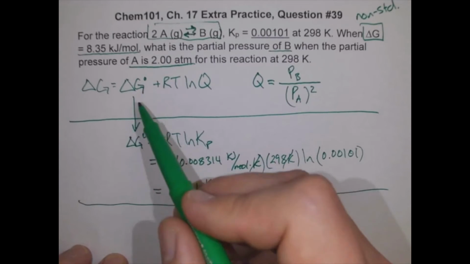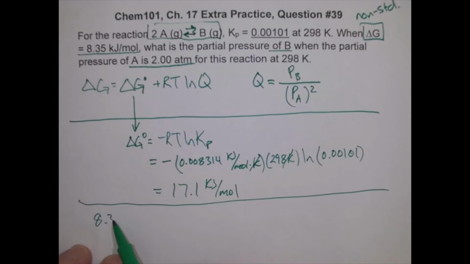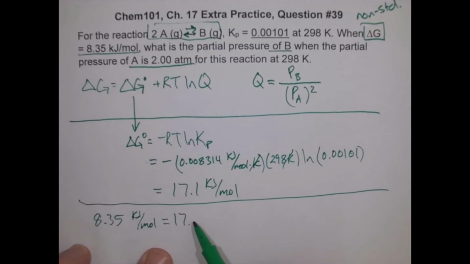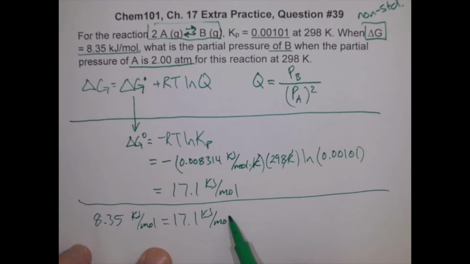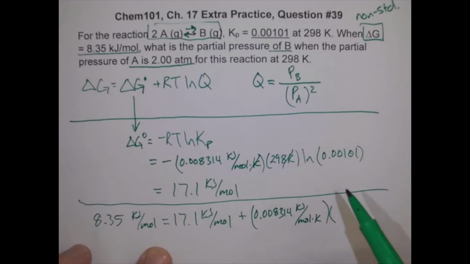So now we're going to substitute that into the equation. We know that the delta G under non-standard conditions is 8.35 kilojoules per mole. So that's equal to the 17.1 kilojoules per mole plus the R, which again is 0.008314 kilojoules per mole Kelvin, multiplied by the temperature, 298 Kelvin, and then multiplied by the natural log of Q. I'm just going to leave it expressed like that for now.